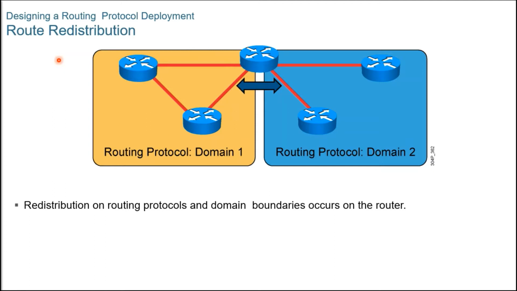Now, that happens sometimes when two organizations merged and these two organizations use different routing protocols, then that's the time we have to use route redistribution. Political issues are included. That's why there are some organizations running different routing protocols, or maybe they are using different vendors.